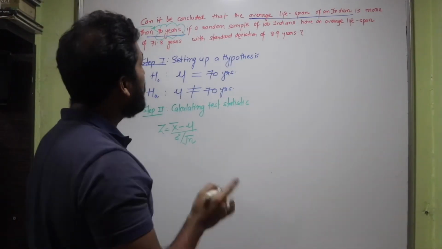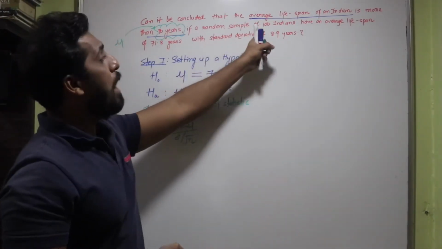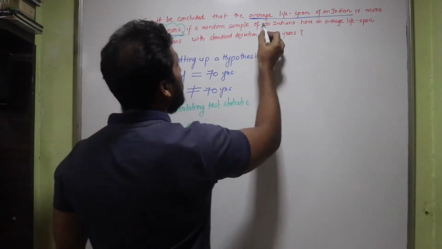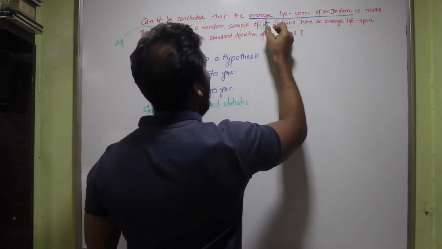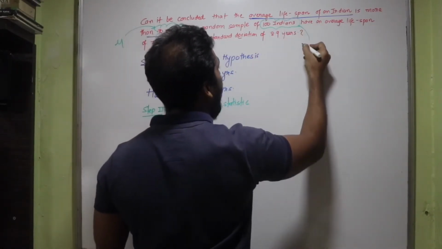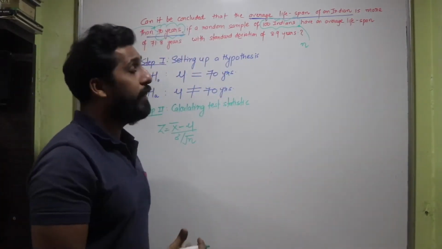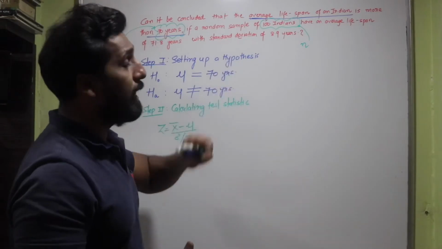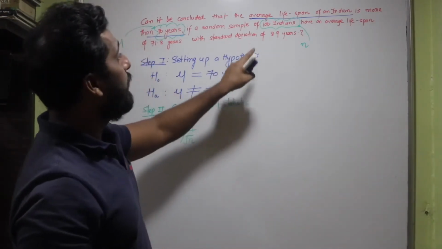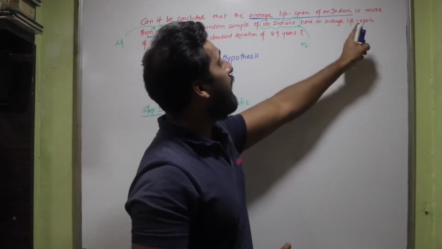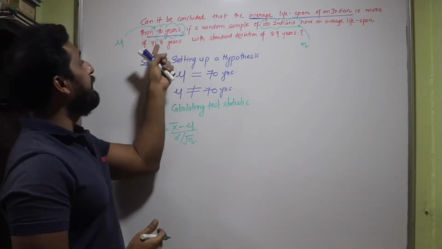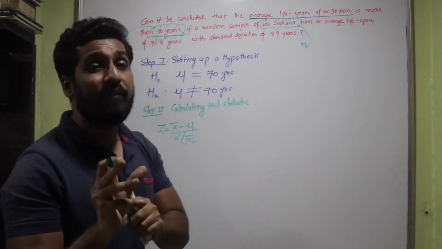Further, it is told that if I take a random sample of 100 Indians, this 100 has become the value of n, the sample size. Further, it is told that they have an average lifespan of 71.8 years. What is this 71.8 years?